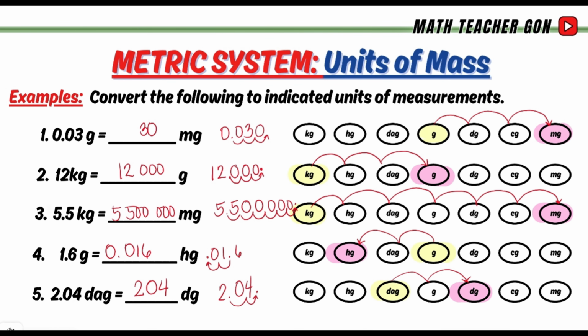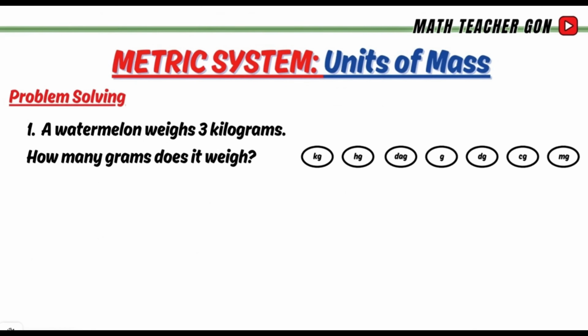Okay, so now let's apply this to a real-life problem. We have here problem number 1. A watermelon weighs 3 kilograms. How many grams does it weigh? So let's highlight again the kilograms to grams. So what we need to convert is 3 kg into grams.